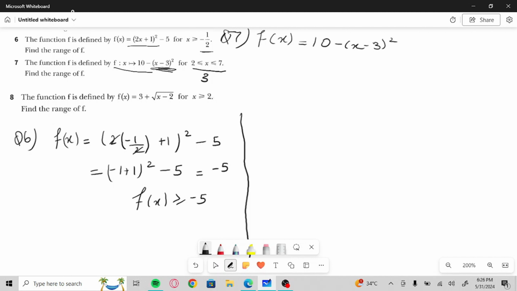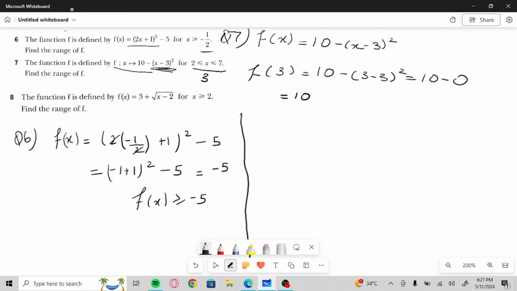If we input x to be 3, we say f(3) is equal to 10 minus (3 minus 3) whole square, which is 10 minus 0, which is again equal to 10.